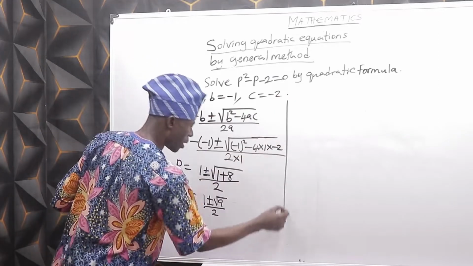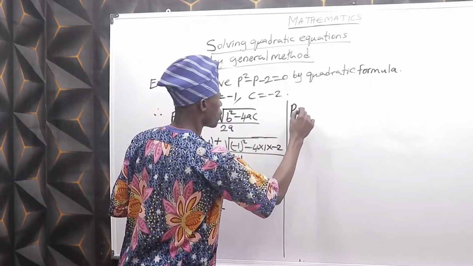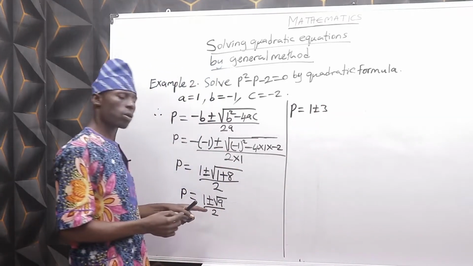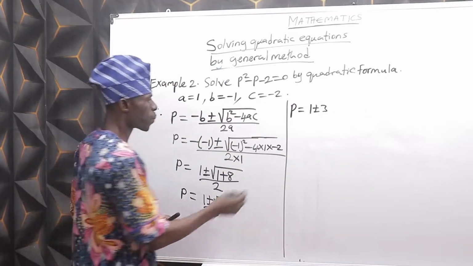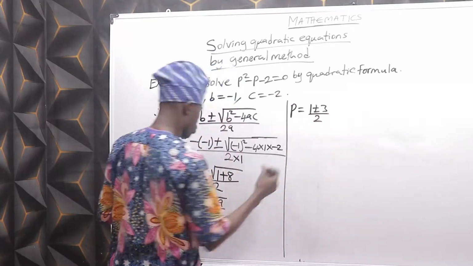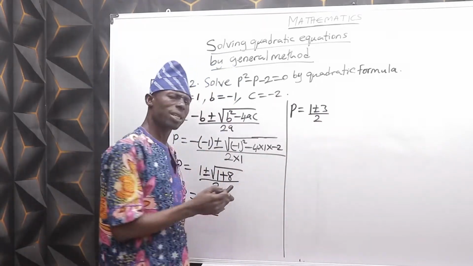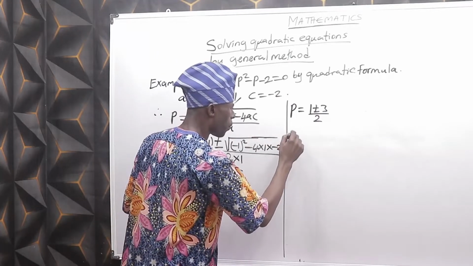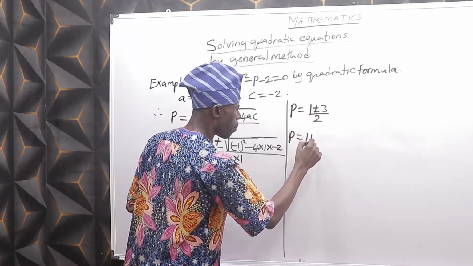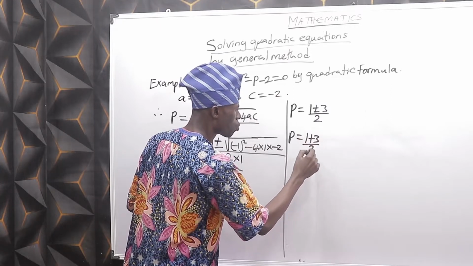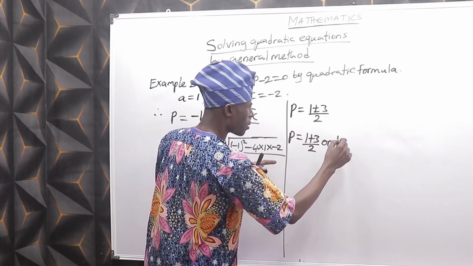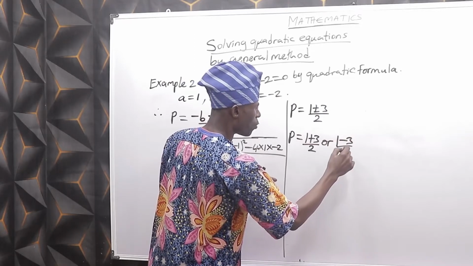Let me come to this side. P is equal to 1 plus or minus 3, since the square root of 9 is 3, all over 2. So we take the double sign one after the other. P is equal to 1 plus 3 over 2, or 1 minus 3 over 2.